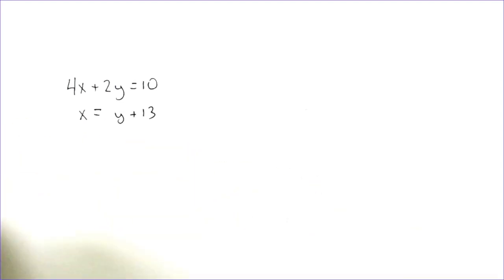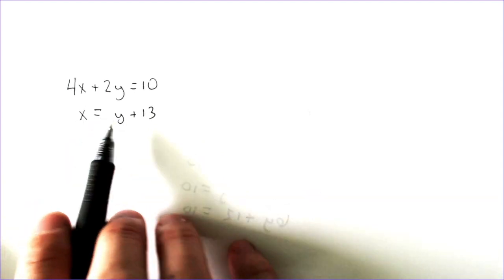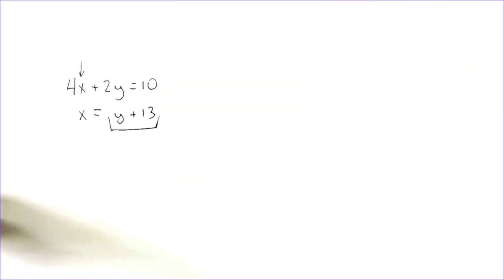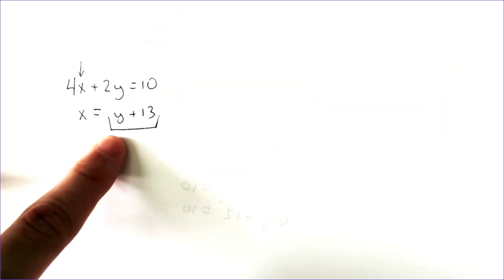So for substitution to work out easily, one of the two equations would have a variable already by itself. In this case, x equals y plus 13. Because I already have that by itself, I already know what x is equal to, so I can replace the x in the other equation with y plus 13.